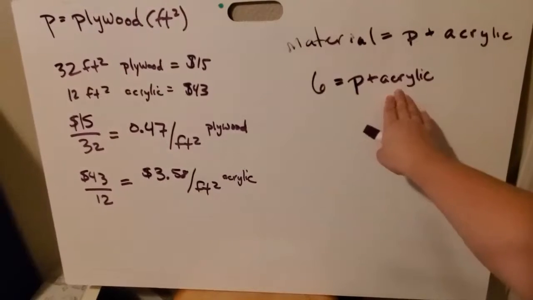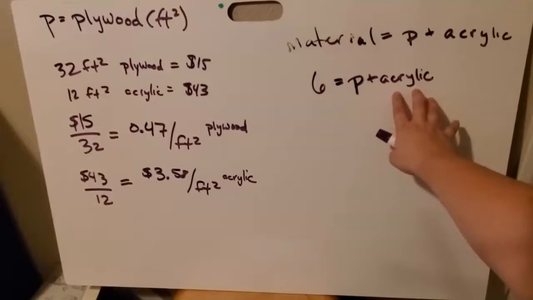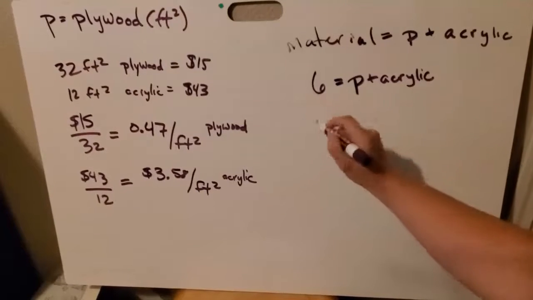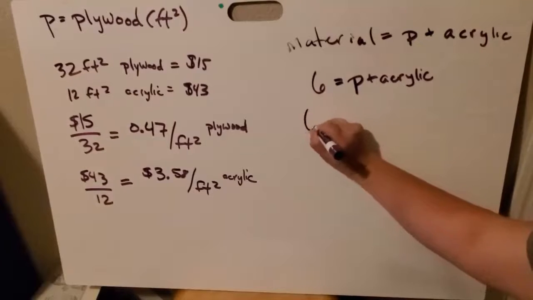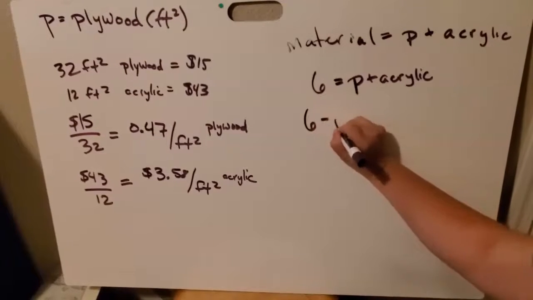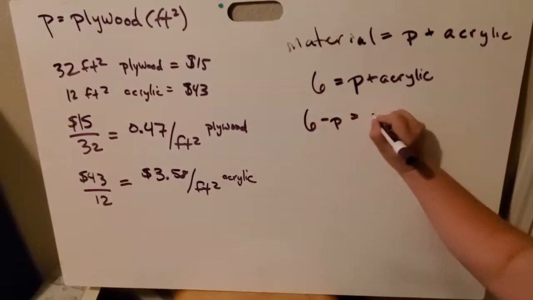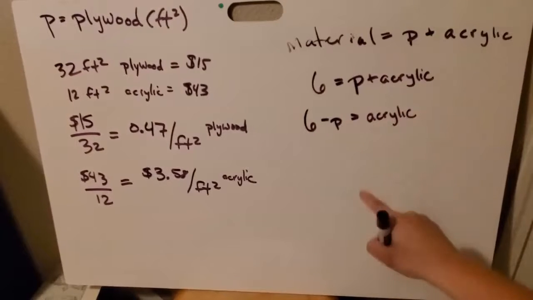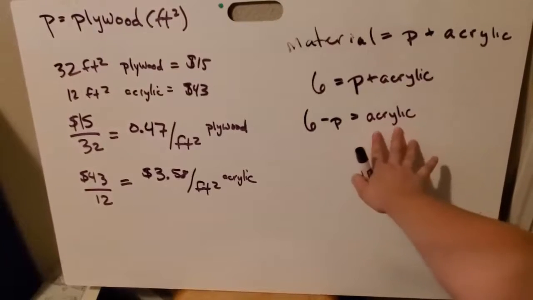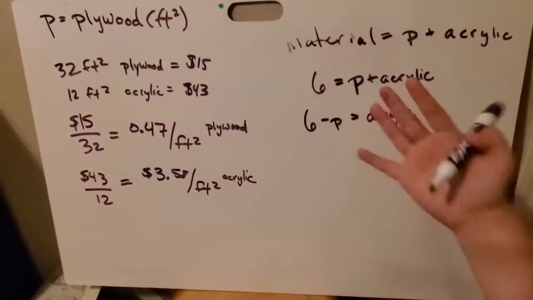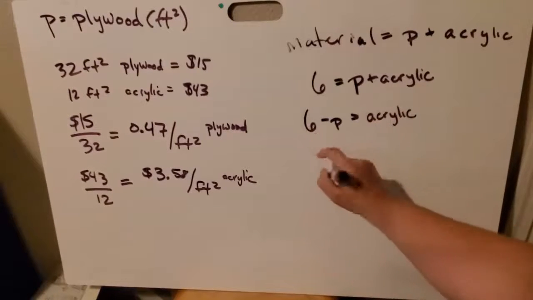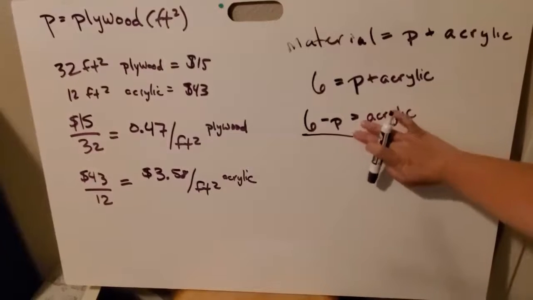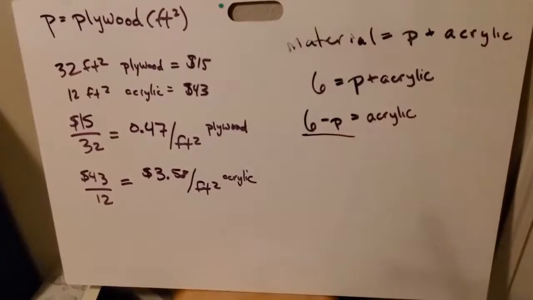If we wanted to figure out how much acrylic we're going to use, we could move p over to this side. So total of 6 feet of materials minus the amount of plywood we use is going to give us the amount of acrylic that we use. So anywhere where we would put acrylic into the equation we want to write, we could instead use this value: total materials minus the amount of plywood we use.